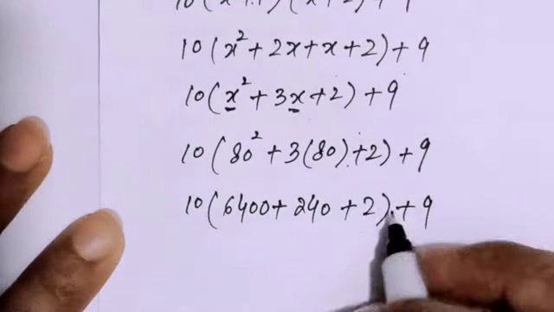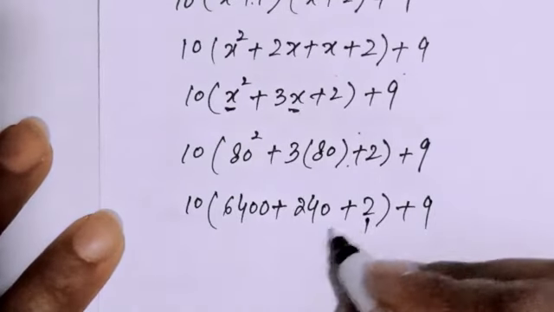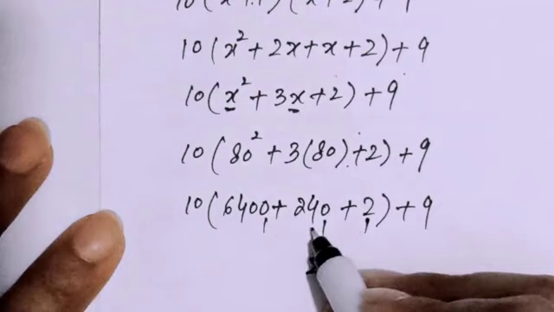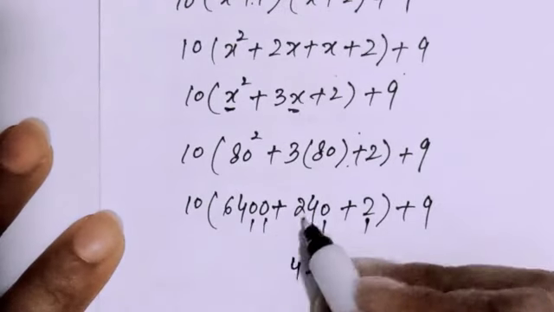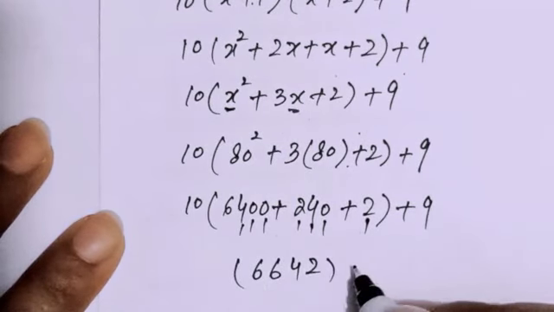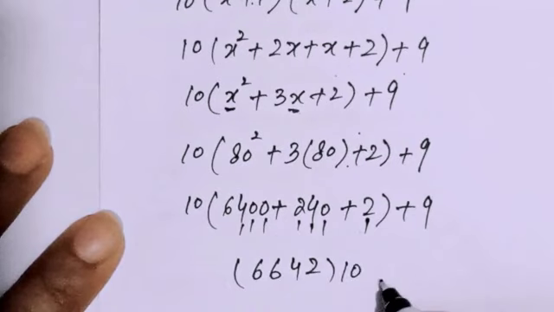So further let's add: ones place it will be 2, tens place 4, hundreds place 6 and thousands place 6, which is 6642, times 10 plus 9.